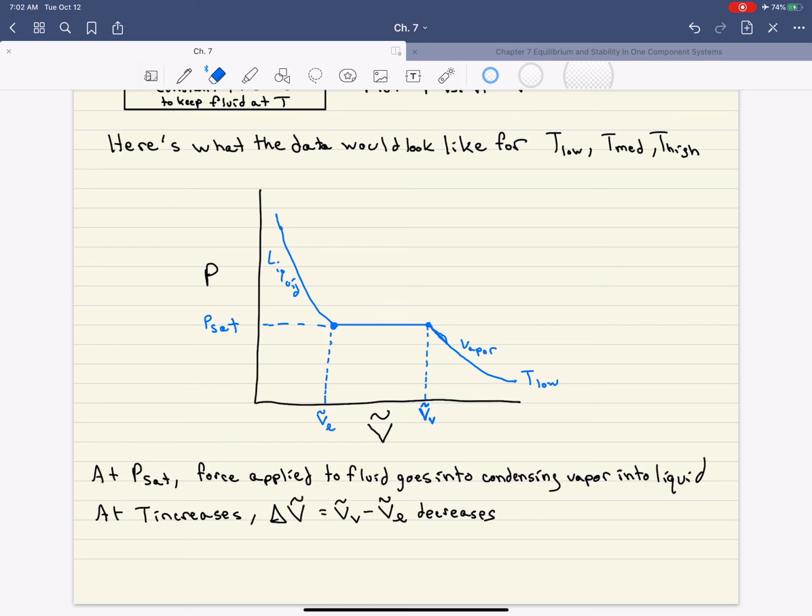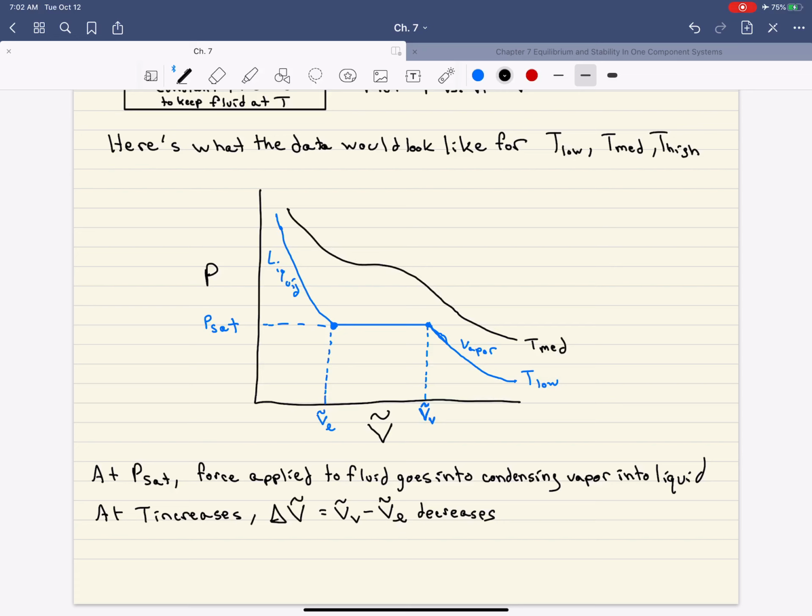Alright, and so as we increase temperature, we would expect to see the difference between the molar volume of the vapor and the liquid decrease until we're at some medium temperature, which we'll call T medium. And at T medium, we would expect the curve to look like this. Okay?